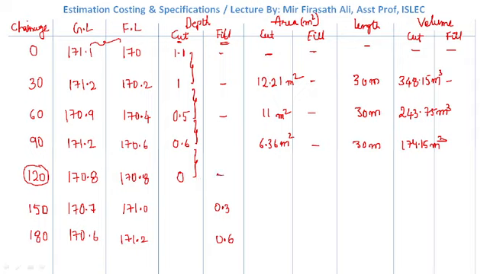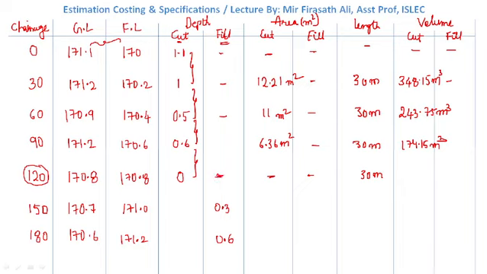As there won't be a fill, the area of cutting and filling won't exist, just the 30 meters length. So what will be the volume for this? It is 30 into 0.3 into 30 meters.